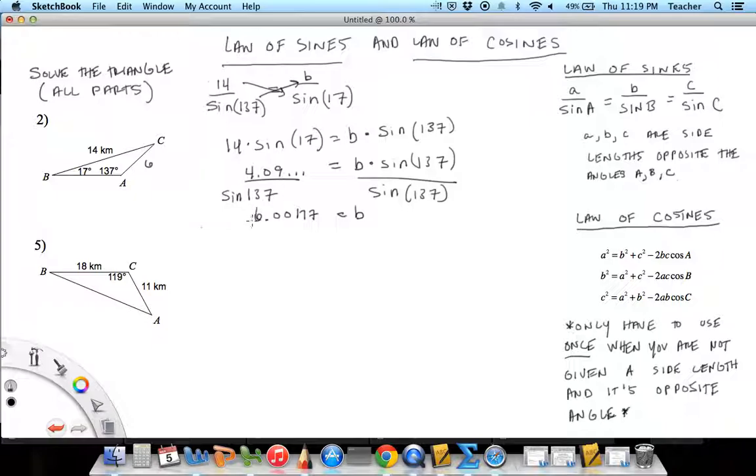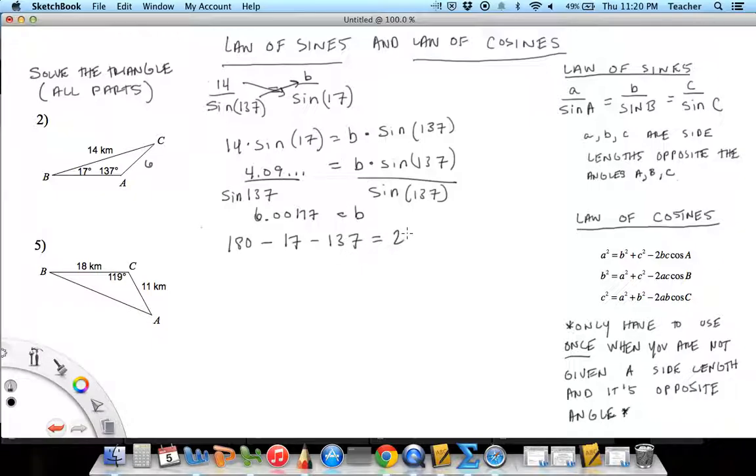Now, there are some other things I can know about this, because if I'm given two angles inside the triangle, I know that angle C is 180 minus 17 minus 137, and so we get 26 degrees.